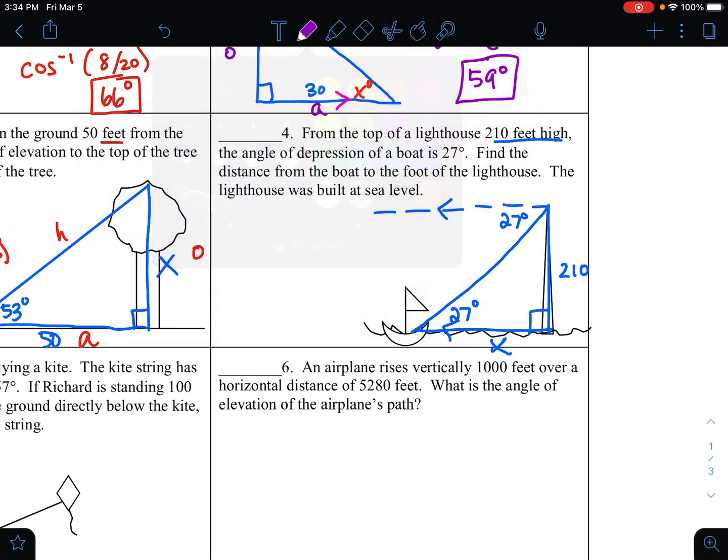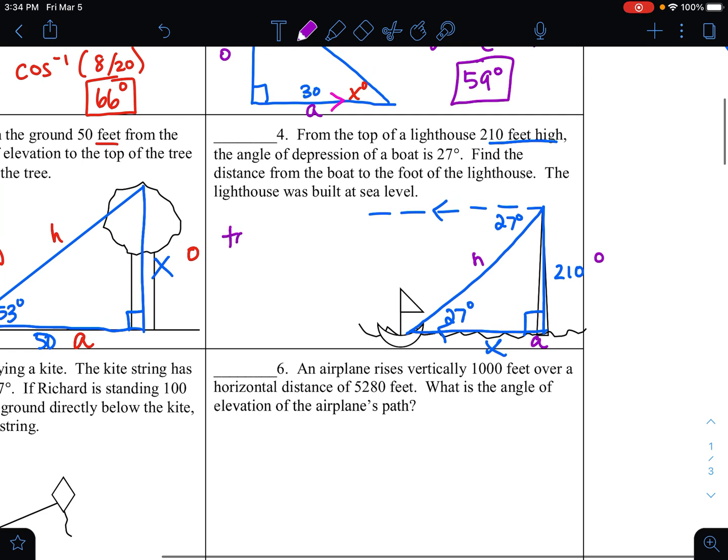So now I have from 27, here's hypotenuse, opposite, adjacent. O and A is tangent. So tangent of 27 degrees equals 210 over x, cross multiply.